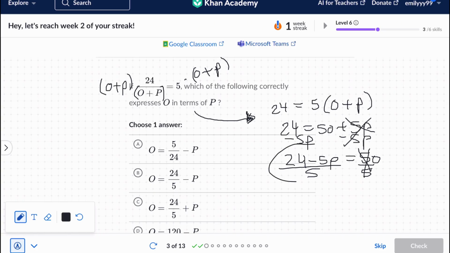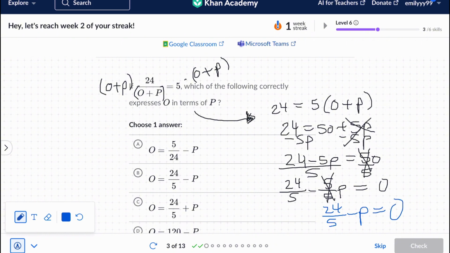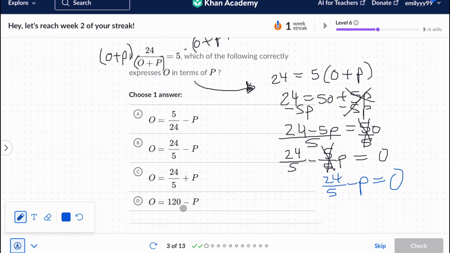And then we have this fraction here, which we can separate. So 24 over 5, because I think separating fractions will make it easier. So each of them gets a denominator of 5. And then we see here we can cancel out these 5s right here. So it's 24 over 5 minus P is equal to O. That's the answer. So that should be B right here.